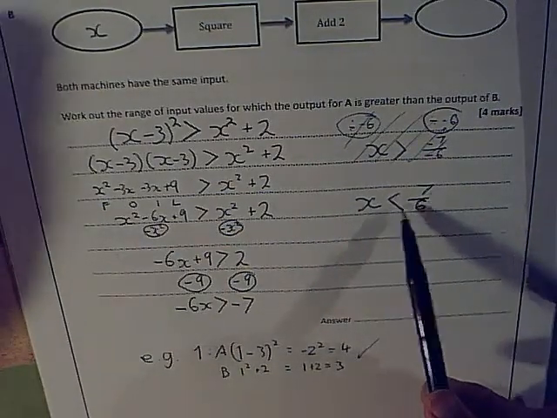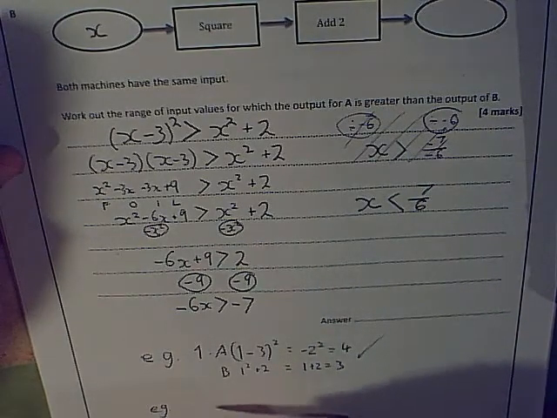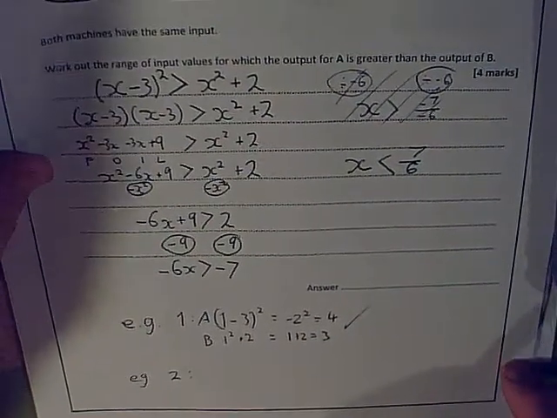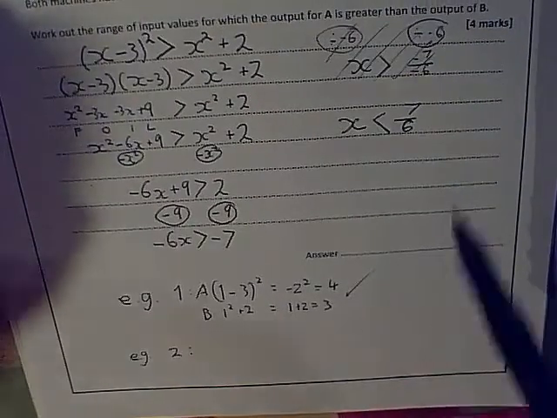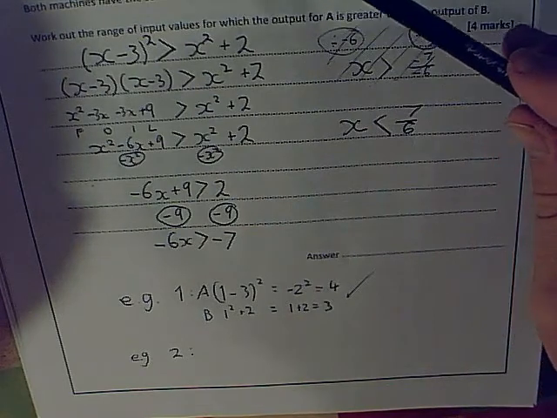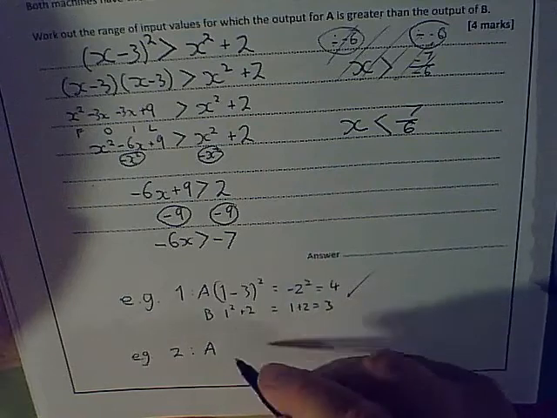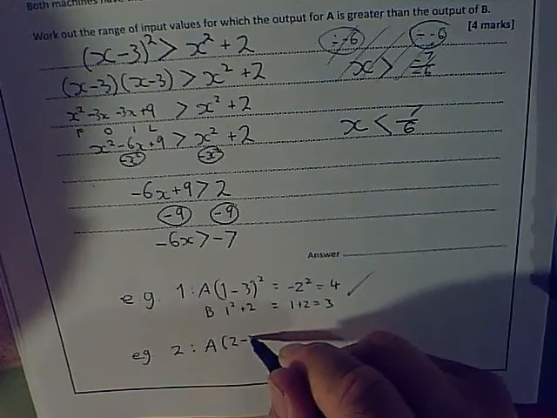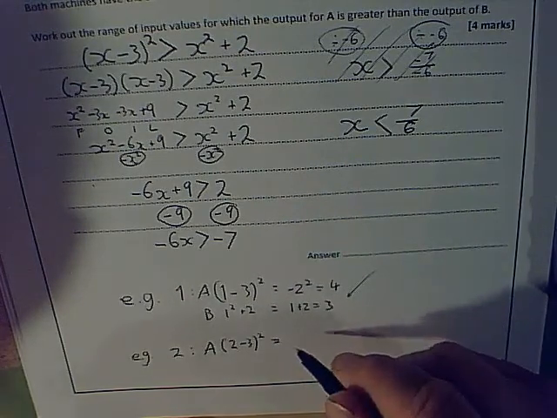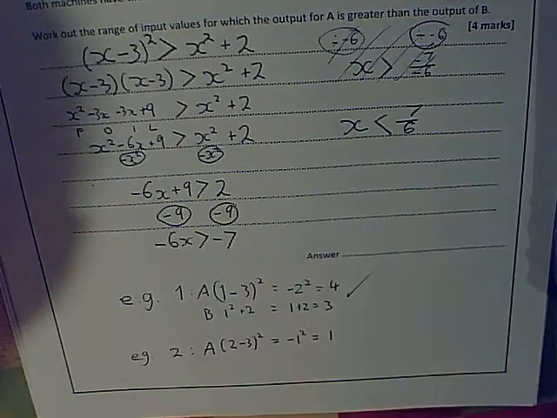Now let's take a value over 7 over 6. Let's take the value 2 as something which is more than 7 over 6. This shouldn't work, as in the value of B should actually be greater than the value of A. Let's have a look. For A, if it's 2, then I've got 2 take away 3 squared, which gives me minus 1 squared, which is 1.